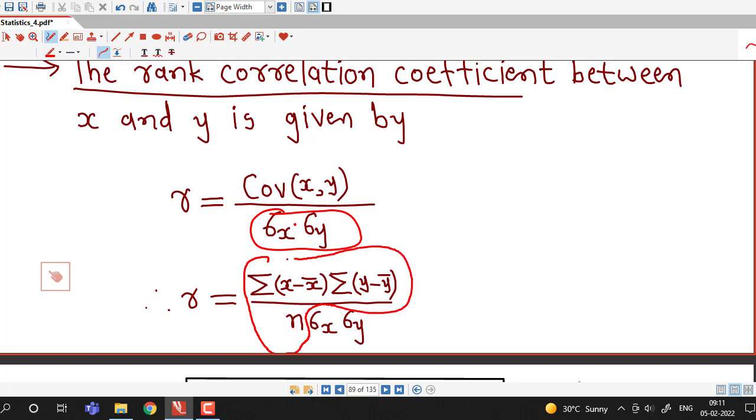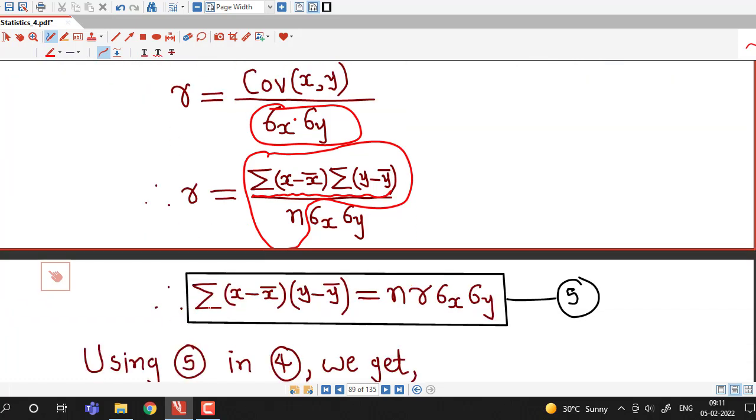From this, sigma x minus x bar times y minus y bar equals n times the correlation coefficient times standard deviation of x times standard deviation of y.